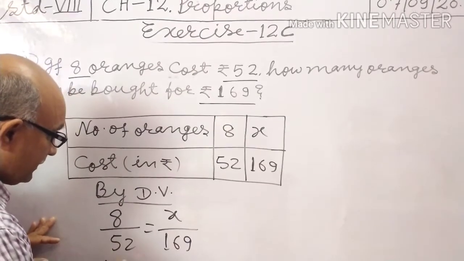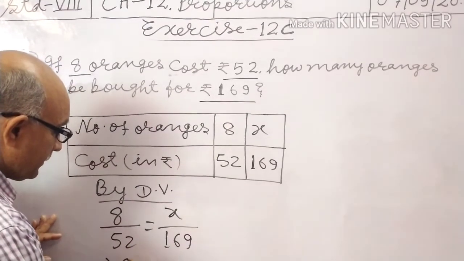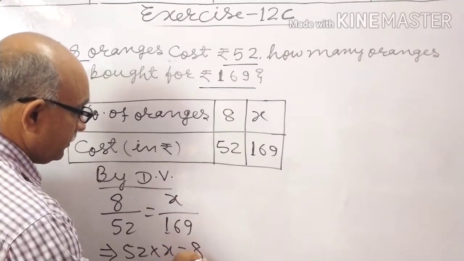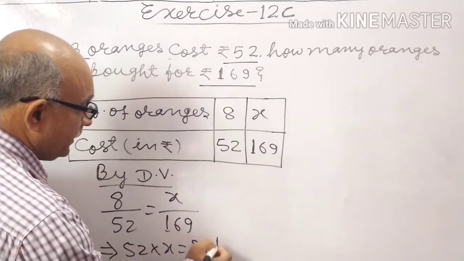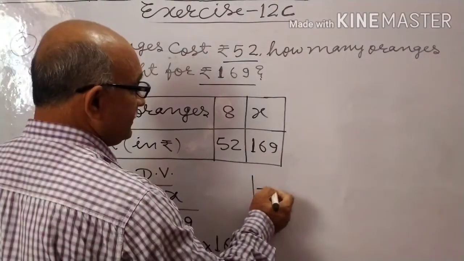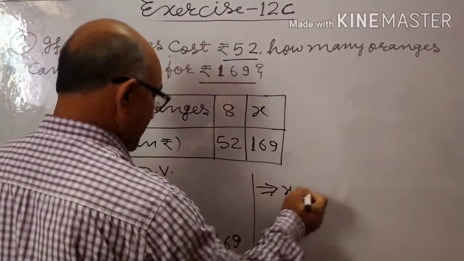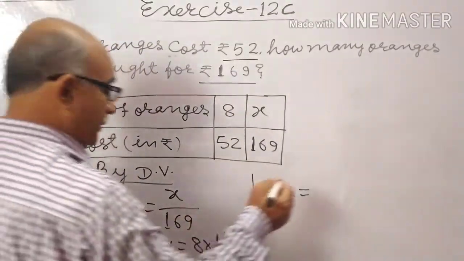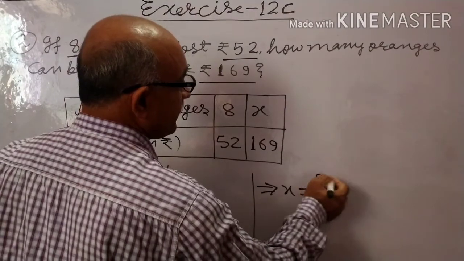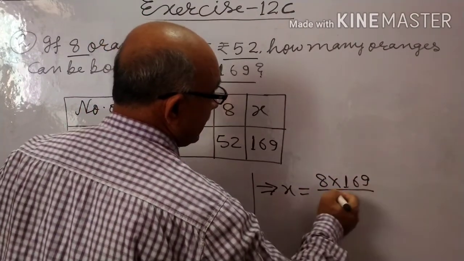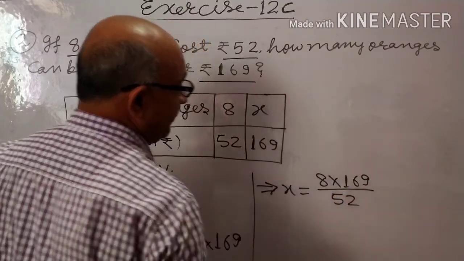That implies 52 into x equal to 8 into 169. That implies x equal to 8 into 169 by 52.